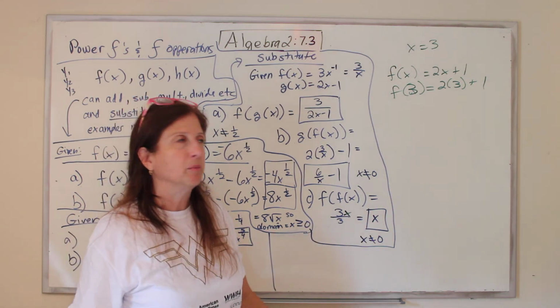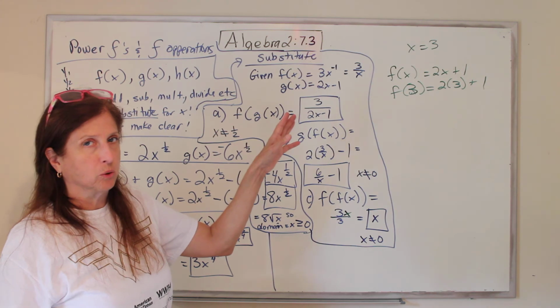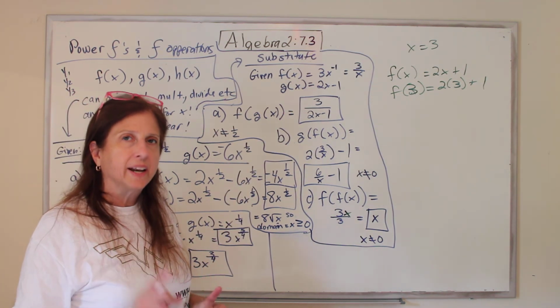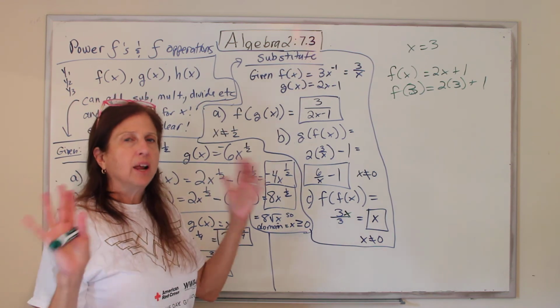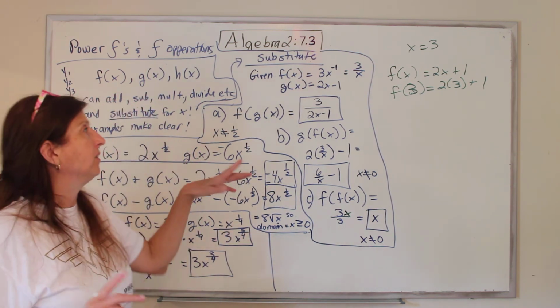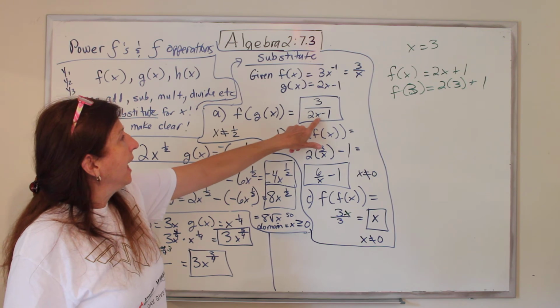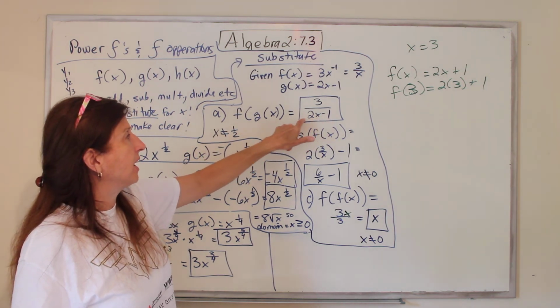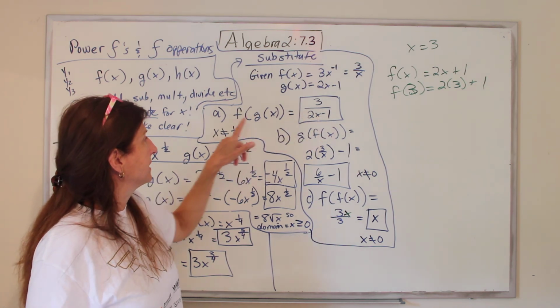Last, they ask us to make sure we know the domain for each one. What can x be? What we're looking for is we don't want a 0 in the denominator. It breaks the universe, and we don't want to break the universe. So with this one, x cannot be a half, because if it was, a half times 2 is 1, minus 1 is 0.